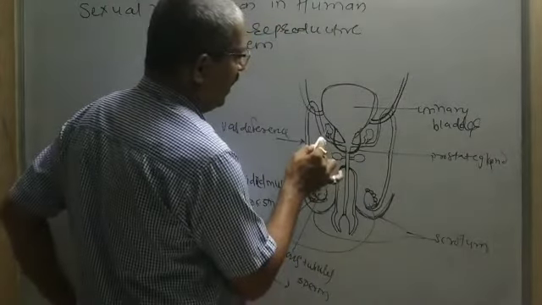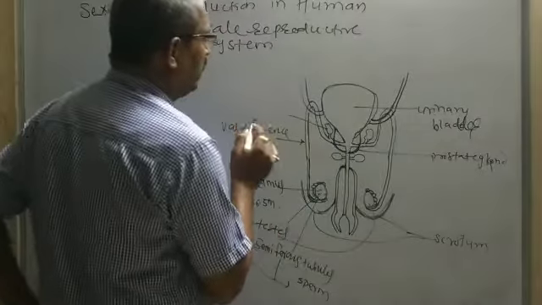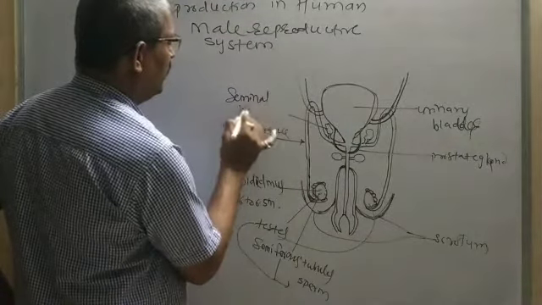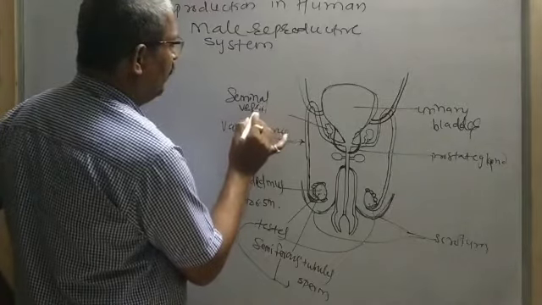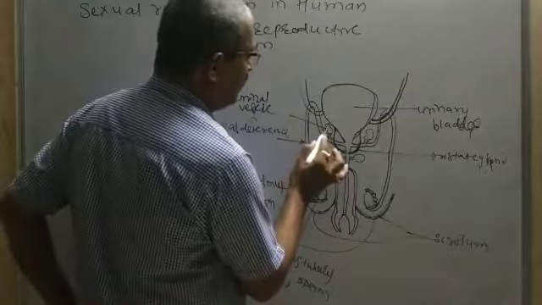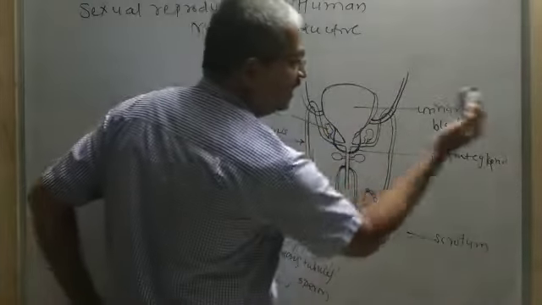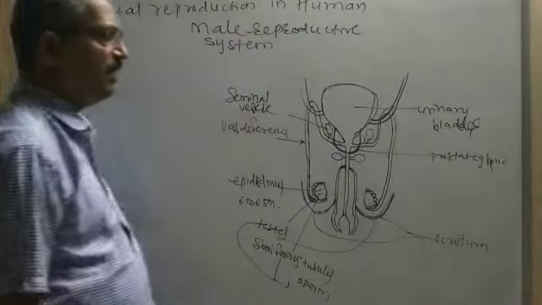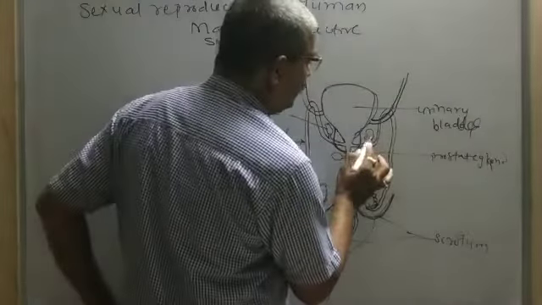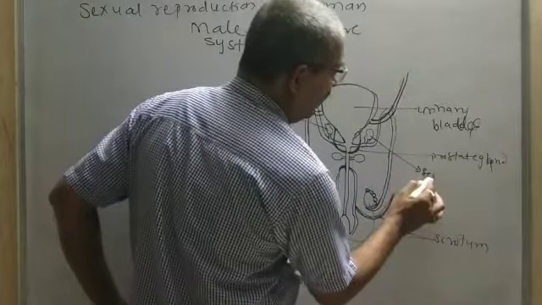Now through this vas deferens, when the sperm cell comes near the prostate gland, before the prostate gland there is one part. This part is called the seminal vesicle. There is a seminal vesicle on the right-hand side, similar to the left side also. What is the function of the seminal vesicle?